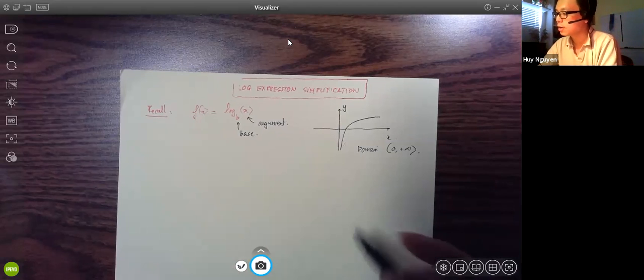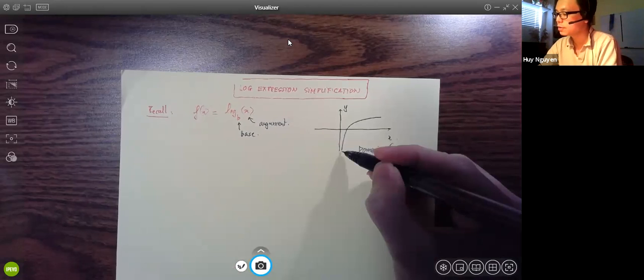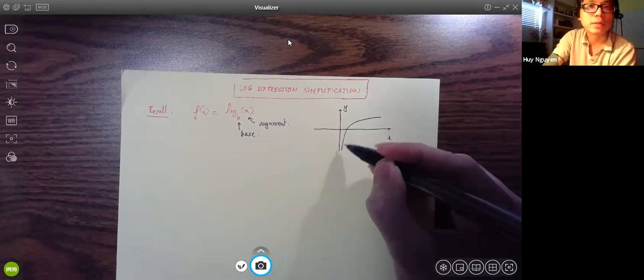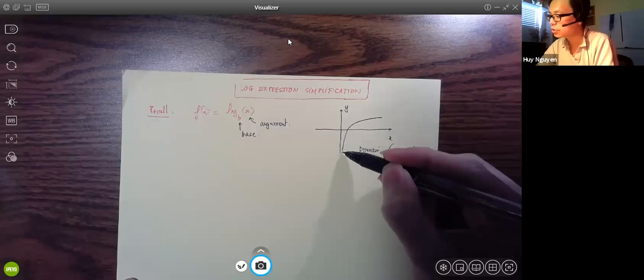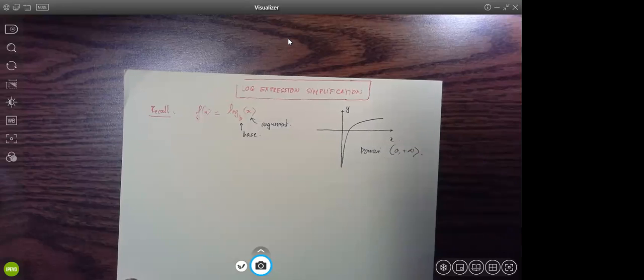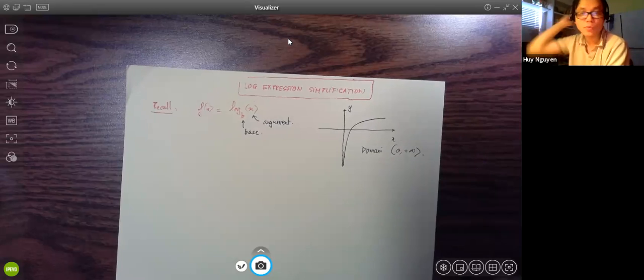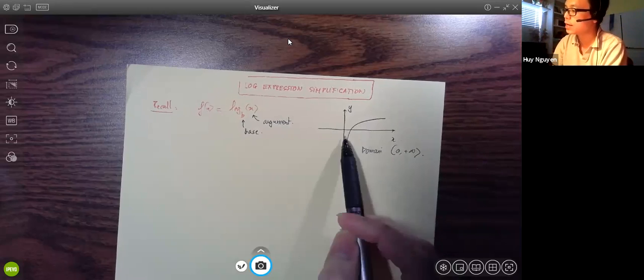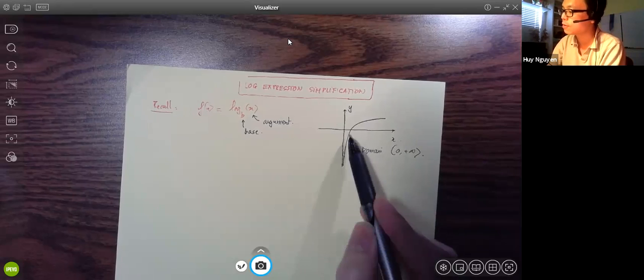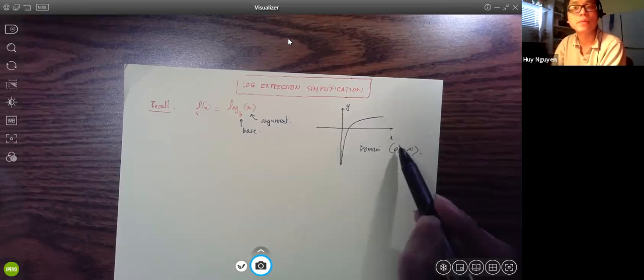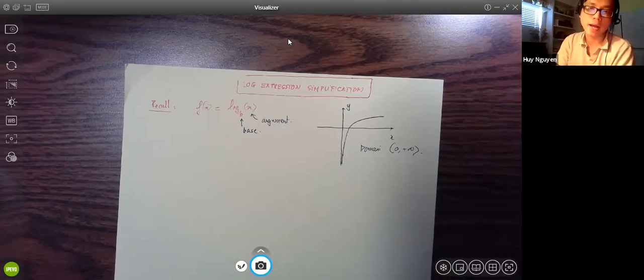The graph gets really close to the y-axis, but it never crosses. That's why we have a vertical asymptote at the y-axis, and that's the reason why all the x values defined for the log function are from 0 to infinity, not including 0, because it's not crossing the y-axis.